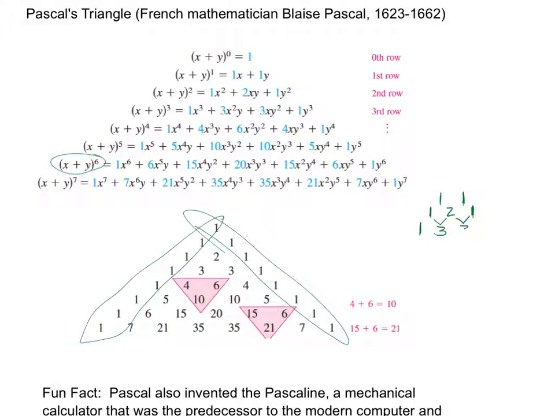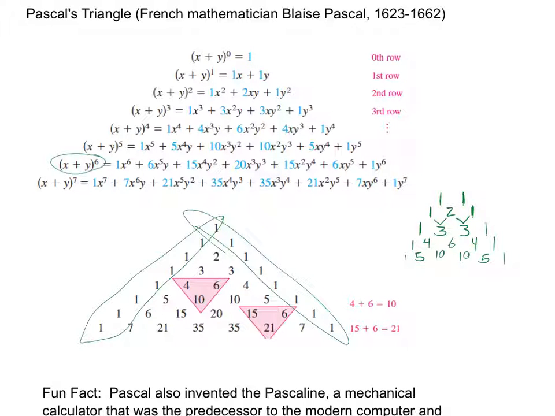Here's a 2 and a 1, so that's a 3, and then I'm at the end of the row, so now I have a 1. So now I have a 1, 4, 6, 4, 1. Then a 1, a 5, a 10, another 10, a 5, and a 1. So you see how to build this yourself? Being able to do this quickly can save you a lot of time having to use the combinations.